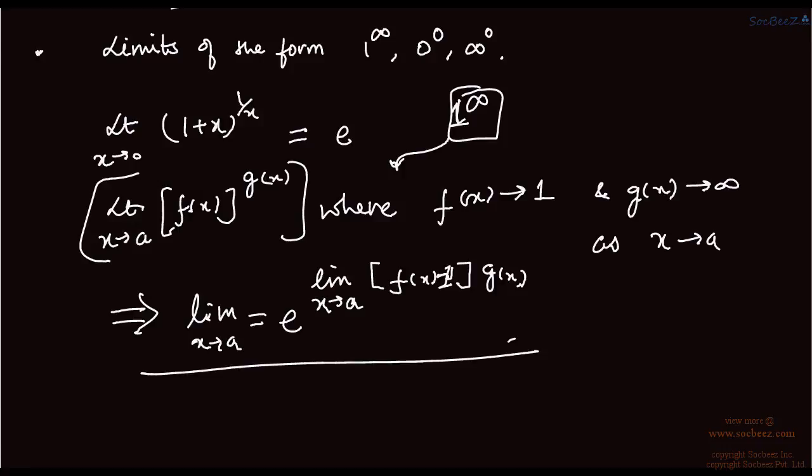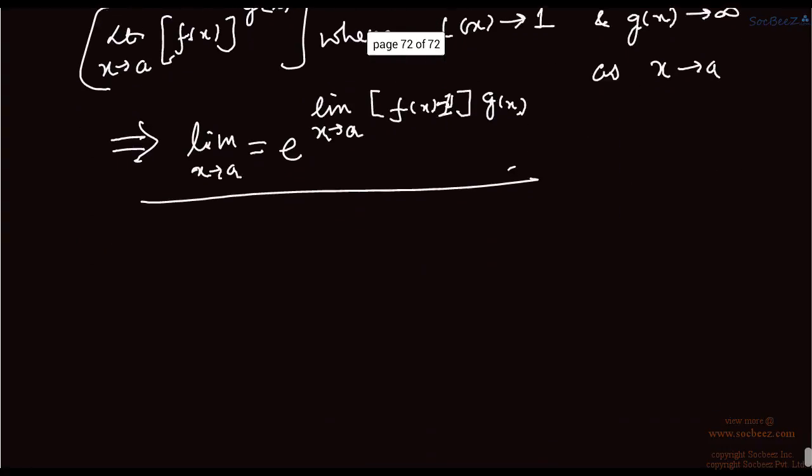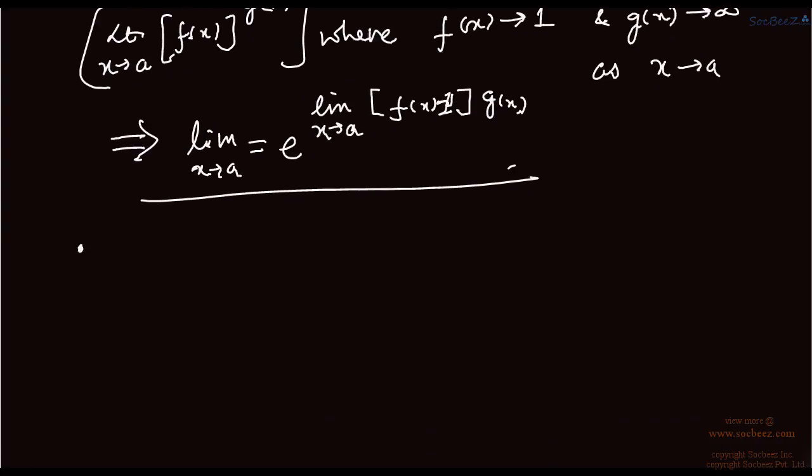Okay, so this is how we solve it. I can take one example. Let's say we have (e to the power x) to the power 1 by x. So limit x tending to 0, we have this function.